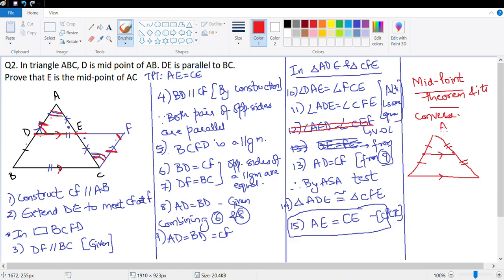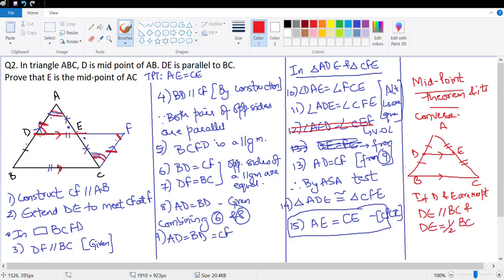So in this case, in triangle ABC, D and E are midpoints. So if D and E are midpoints, then DE is parallel to BC and DE is equal to half BC. This is our midpoint theorem.